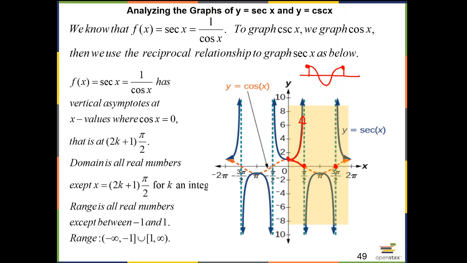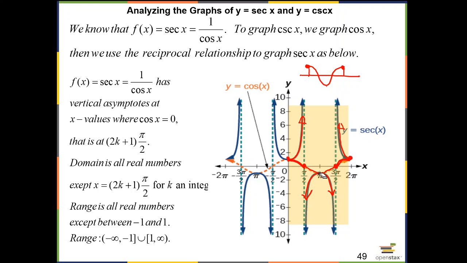For this half hill, we graph a half valley, and then for this complete valley, we graph a complete hill here, right? And then for this half hill, we graph this half valley, right? So one cycle of secant looks like this.